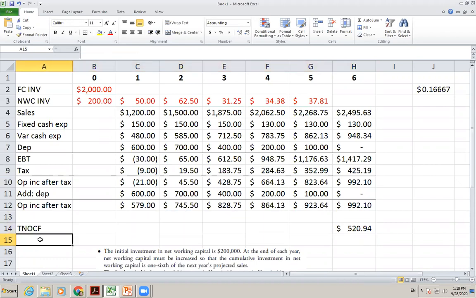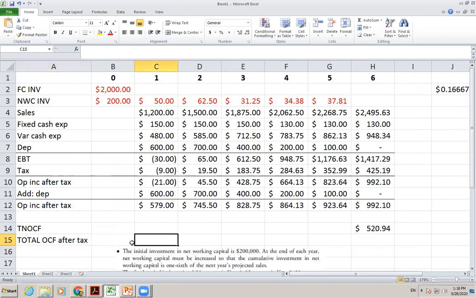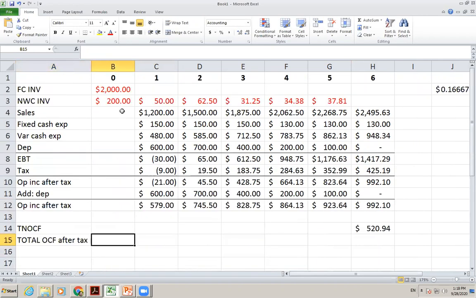Now we need to find total operating cash flow after tax. Basically, what we used to do is bring down all the expenses. So all expenses are here. Put the minus, bring it, so this plus this.